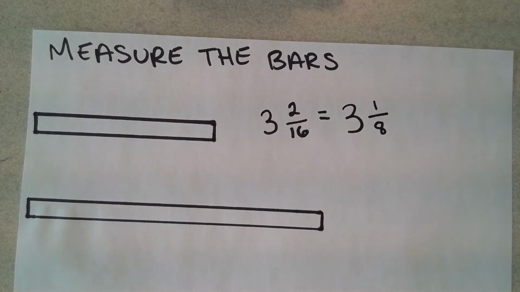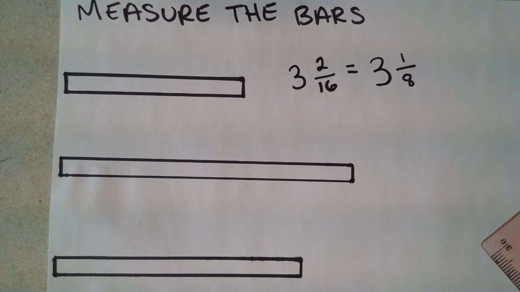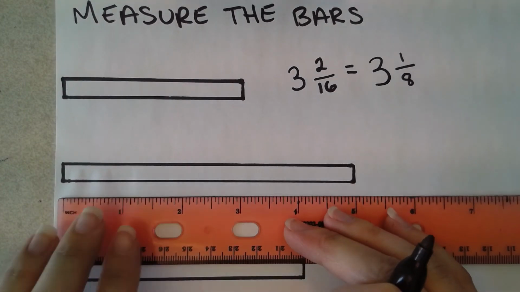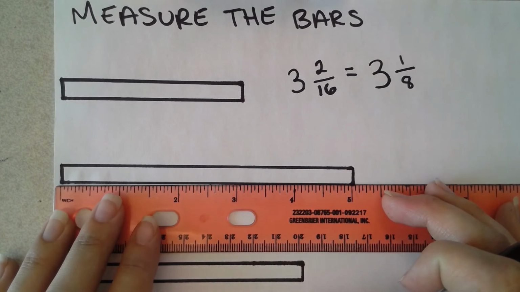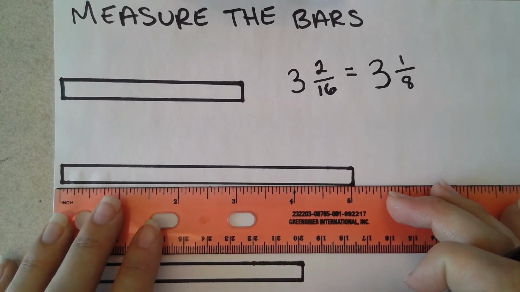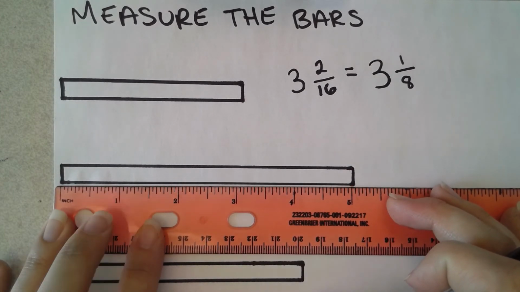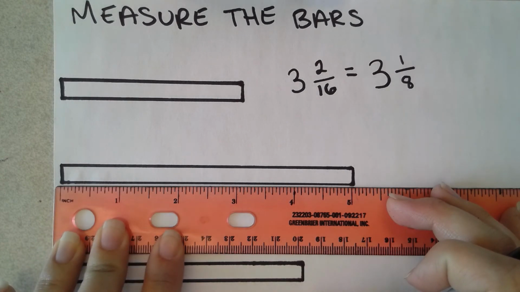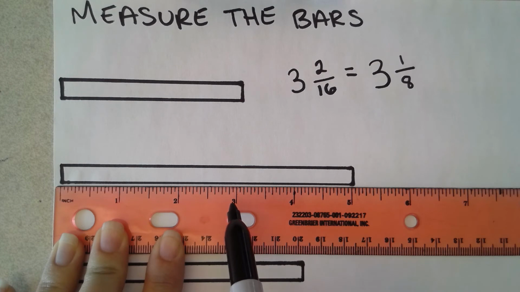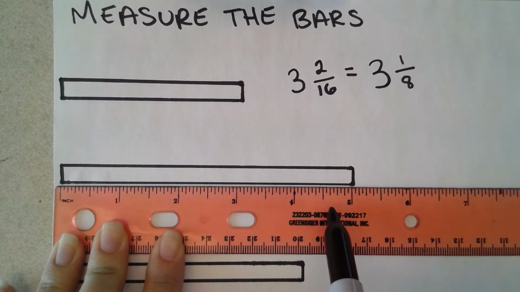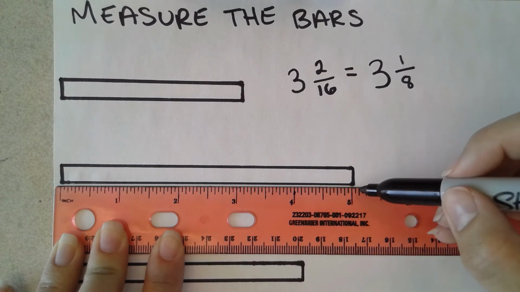So now let's go on to another example. Next one. Again, I'm going to line it up with the beginning tick. Okay, and it looks like this one is 1, 2, 3, 4, 5 as our big number, but then it goes a little bit past the 5, right?